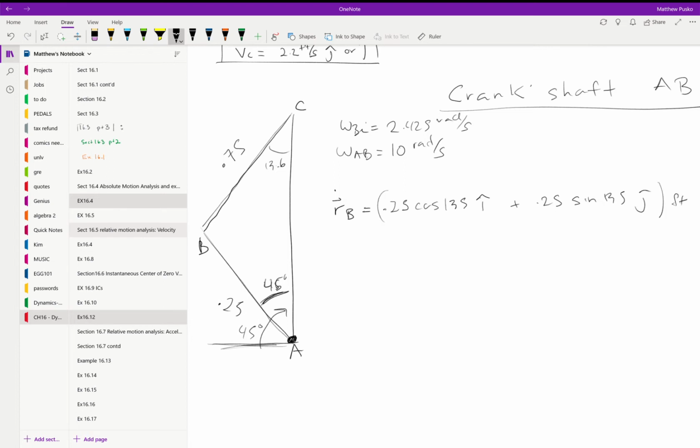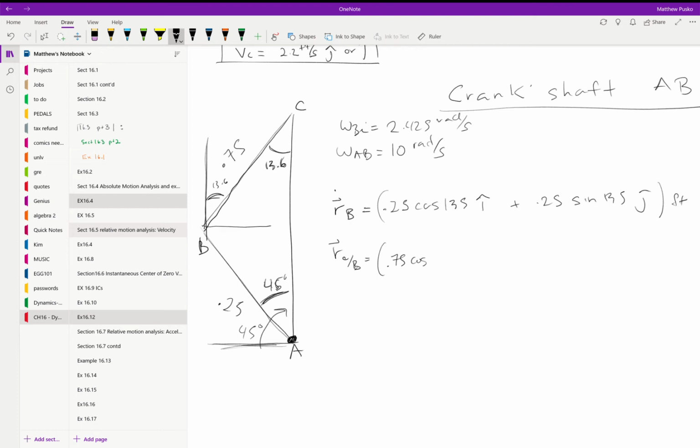Let's go ahead and make a position vector for C with respect to B also. I'm going to have a 0.75 cosine, and in this case we're looking at the 13.6. If this is 13.6, as we found before, alternate interior angles tell us this is 13.6 also.